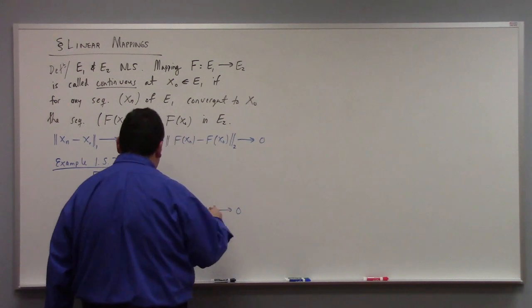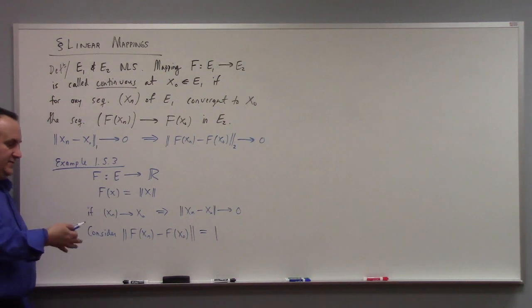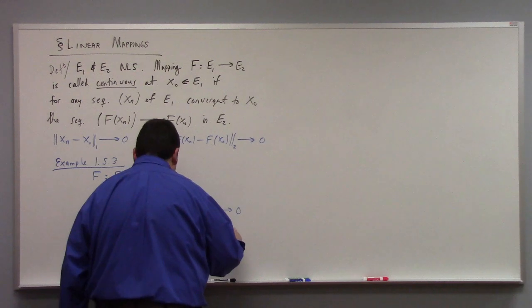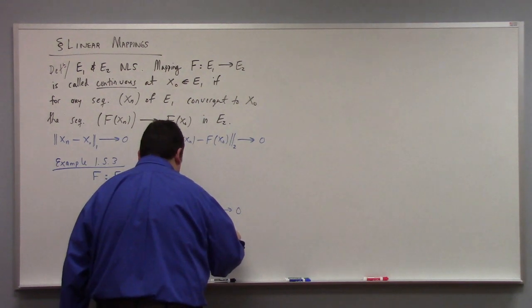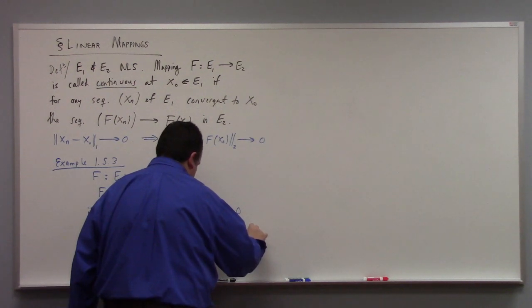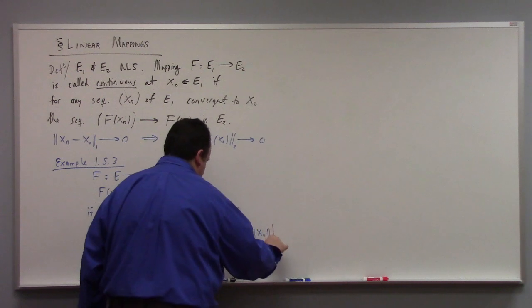And what's the norm on R? Well, the norm on R is actually absolute value, right? So this is the absolute value of the norm of xn minus the norm of x0, absolute value of all that, right?